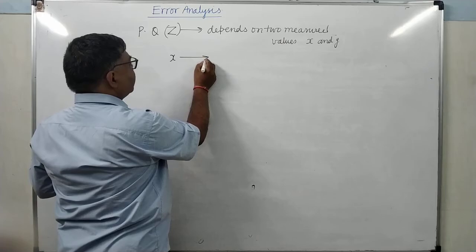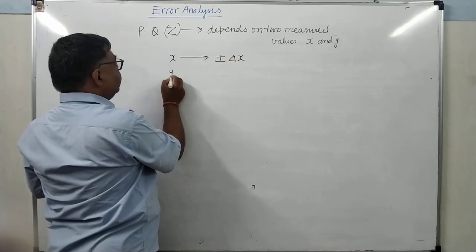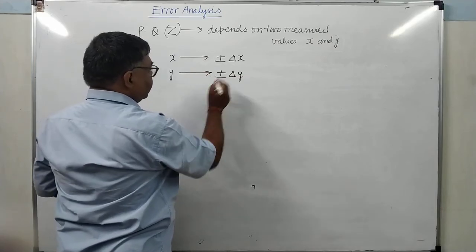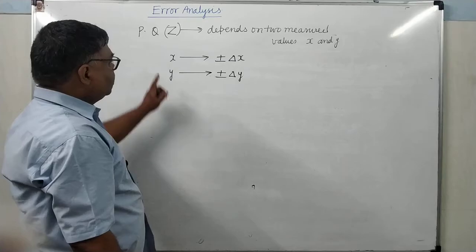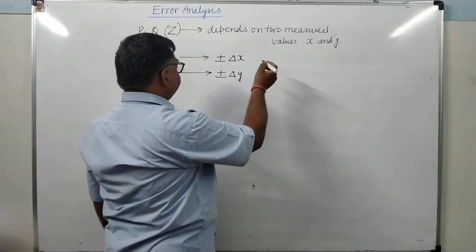The absolute error in x is plus minus delta x, and in y it is plus minus delta y. Is it clear? Means what will be the possible values of x?